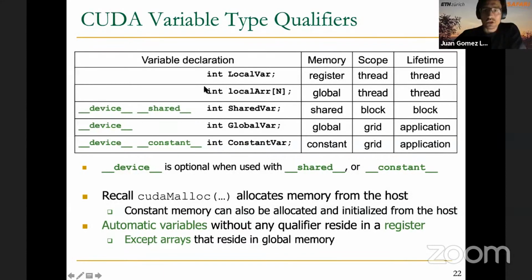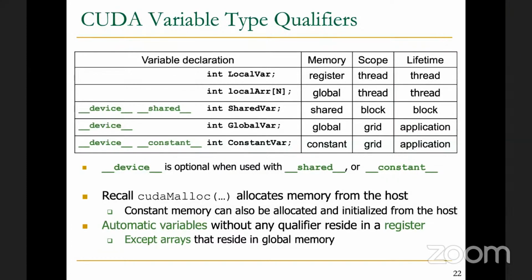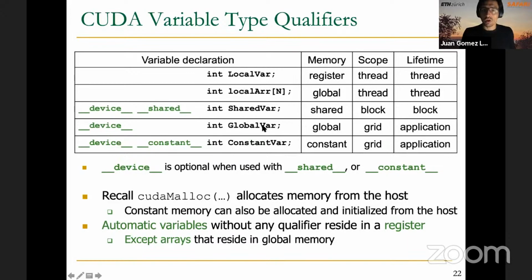These local arrays, as you see here, are in the scope of a thread, so they are private to a thread. But you're completely free to declare whatever array you want, and you may be declaring, say, one array of 1 million elements per thread, which means you're going to occupy a lot of memory space.